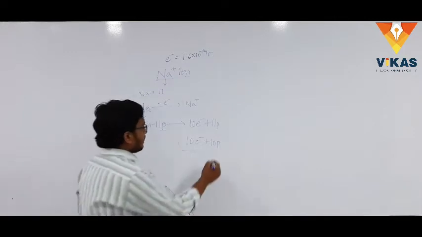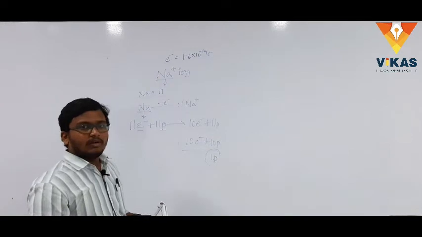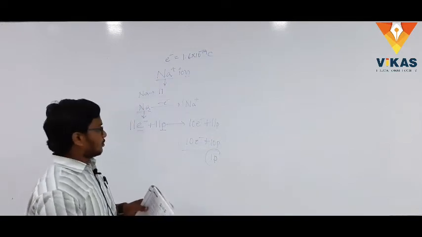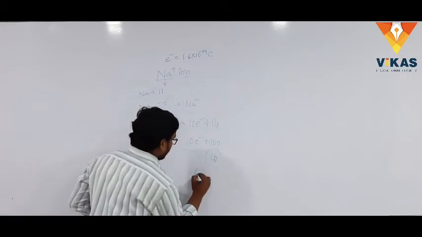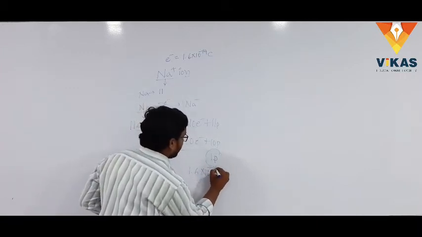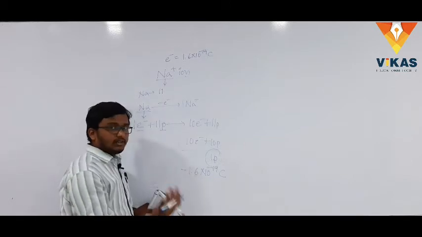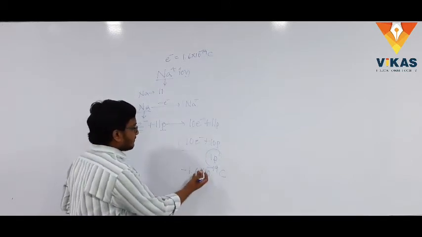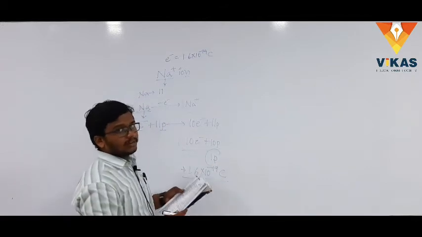Which means they are asking for that extra proton's charge. What is the charge of a proton? Yes, it is just opposite to that of the electron. 1.6 into 10 to the power minus 19 coulombs. For the electron we keep it negative because it is a negatively charged particle, whereas for the proton we call it plus 1.6 into 10 to the power minus 19 coulombs.